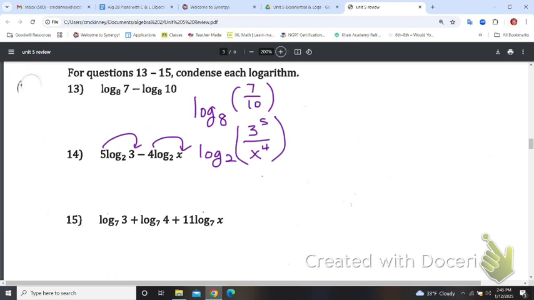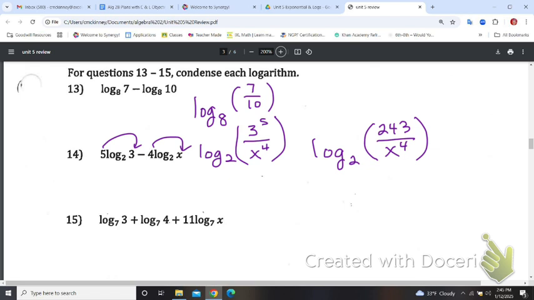And then since we can evaluate 3 to the 5th power, we should do that. So log base 2 of 243 over x to the 4th. I can't actually divide it because the bottom is a variable.